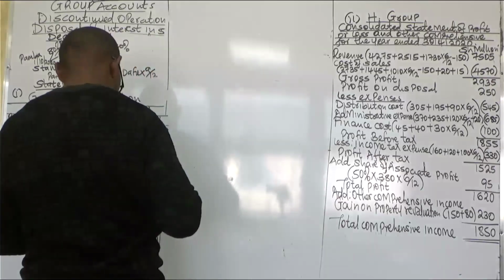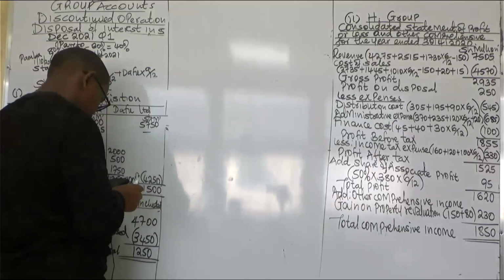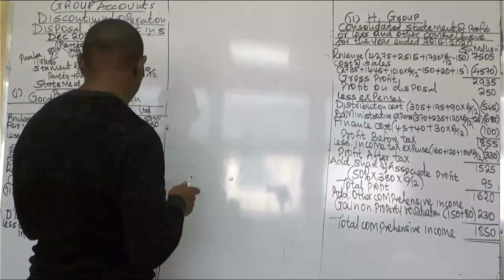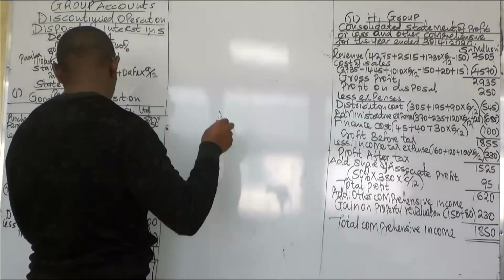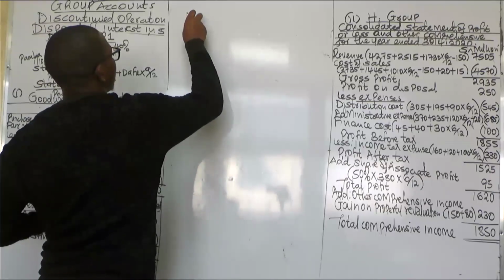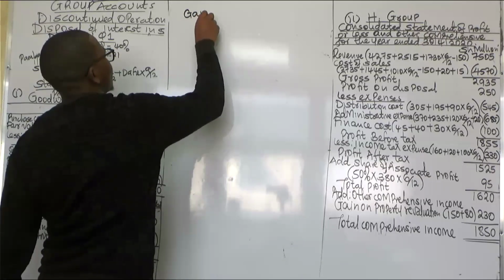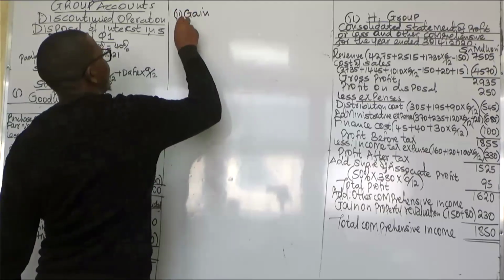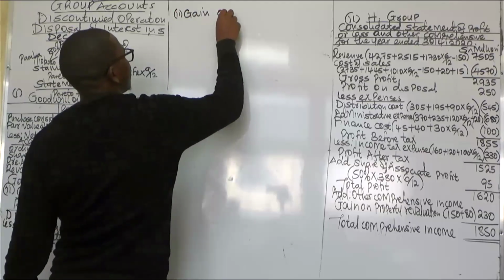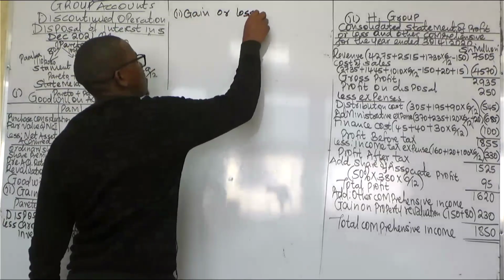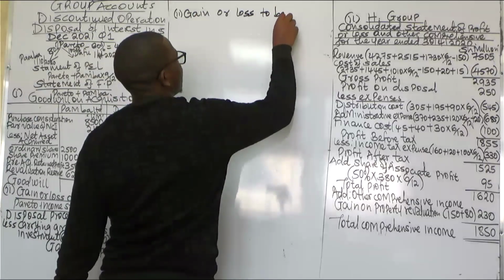Or do we take to the consolidated income statement? So here it will be the gain or loss to be included.